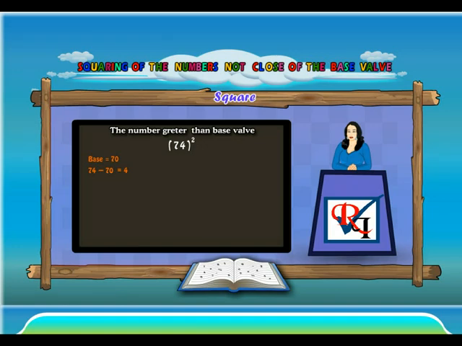Now, as our base is 70, we write 7 like this and multiply with 74 plus 4. Remember, we add this 4 to 74 because the difference of 70 and 74 is 4. Okay? Don't get confused. And after that, the square of 4 again, which comes from the difference of 70 and 74, that is 4.